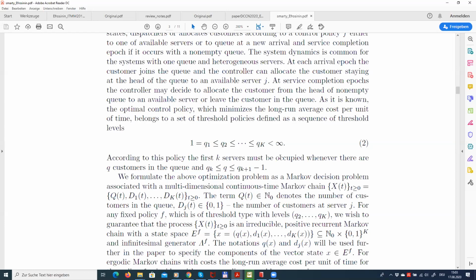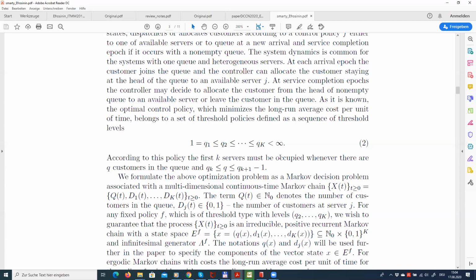In this case, we can derive the cost functional in an explicit way, and then use either a direct search method for minimization or some numerical methods to find optimal values for the threshold levels.